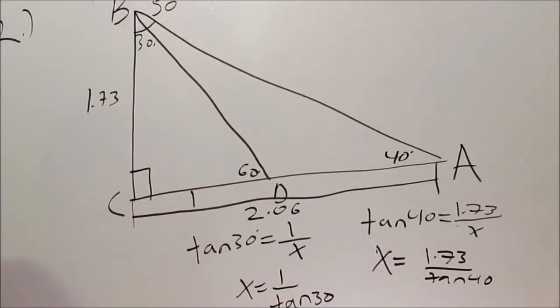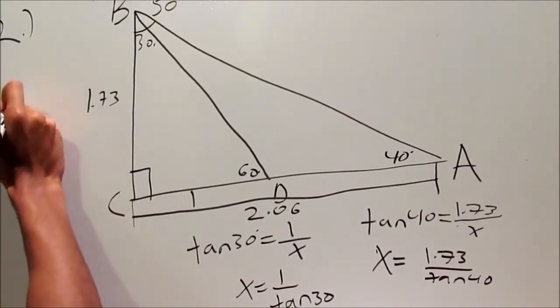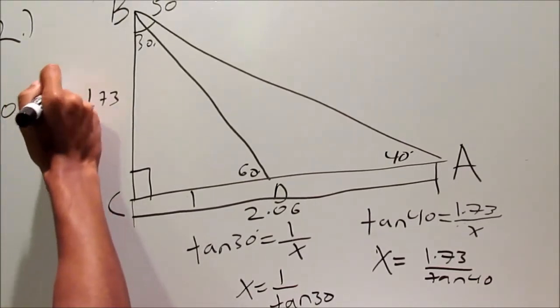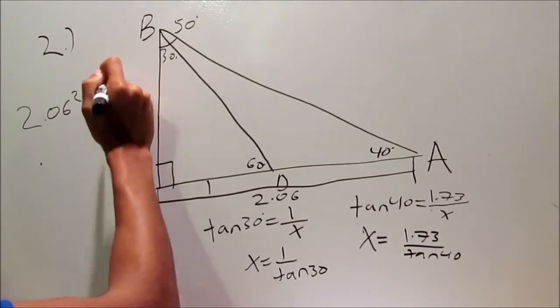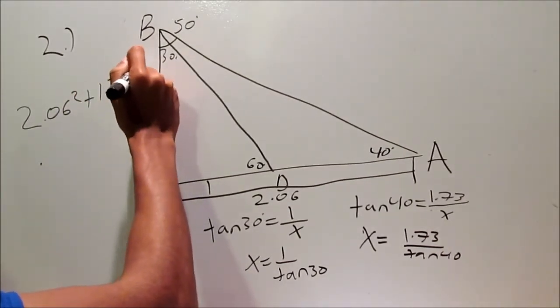So 2.06 squared plus 1.73 squared equals c squared.